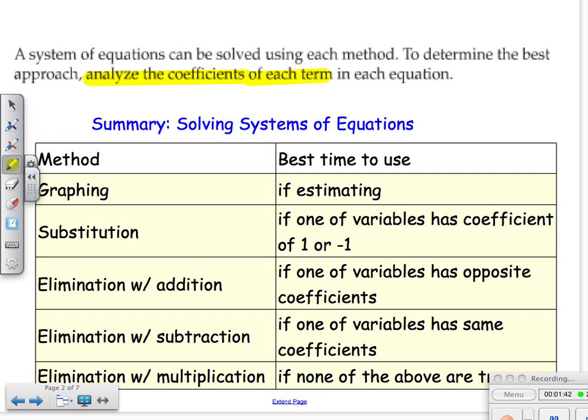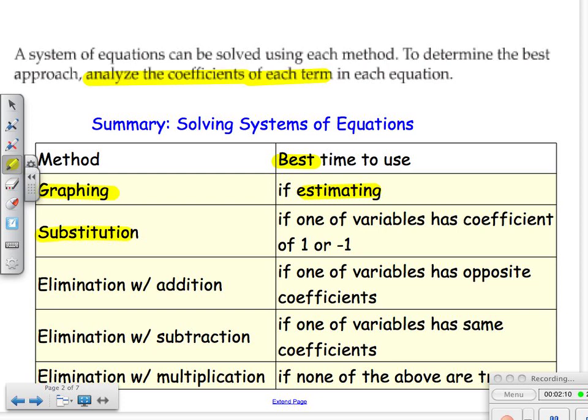Okay, let's look at graphing. Graphing is best to use if you're estimating, okay? Graphing doesn't allow you a clear, exact answer. So graphing's best if you want a general answer.